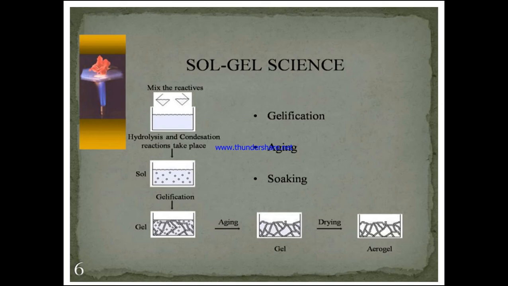When the hydrolysis reaction takes place, water acts as a catalyst. When the hydrolysis reaction takes place, we get the sol material here. So we are going to see the sol here.